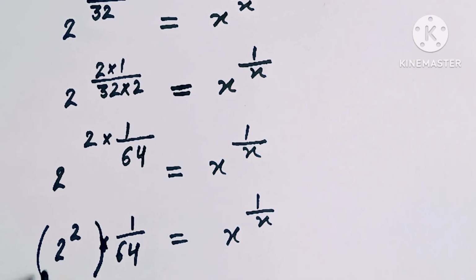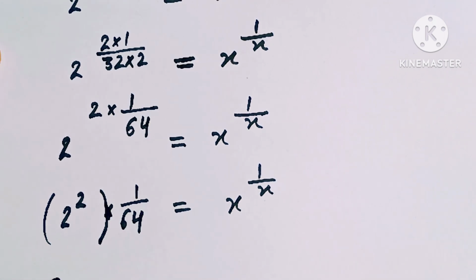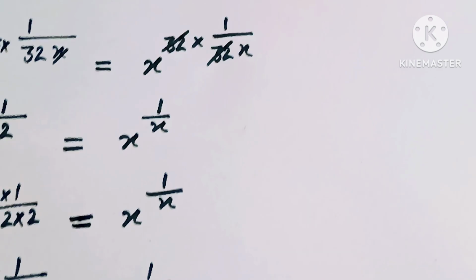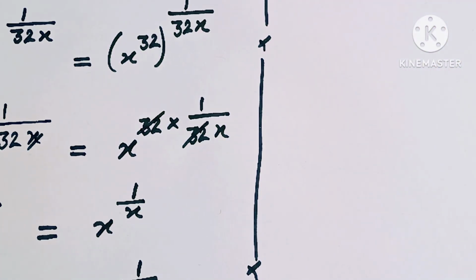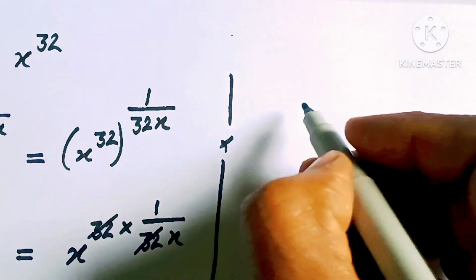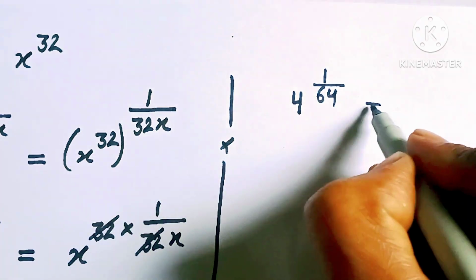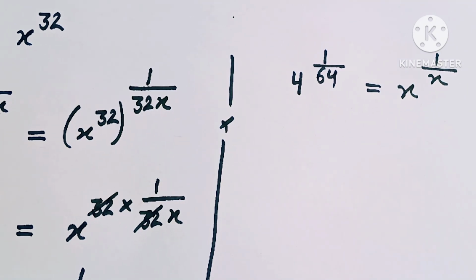So this will be 4, that is 4 to the power 1 divided by 64, and x to the power 1 by x. Same thing I'm writing on this side, so that we can come to our solution. But we are not closer to our solution.